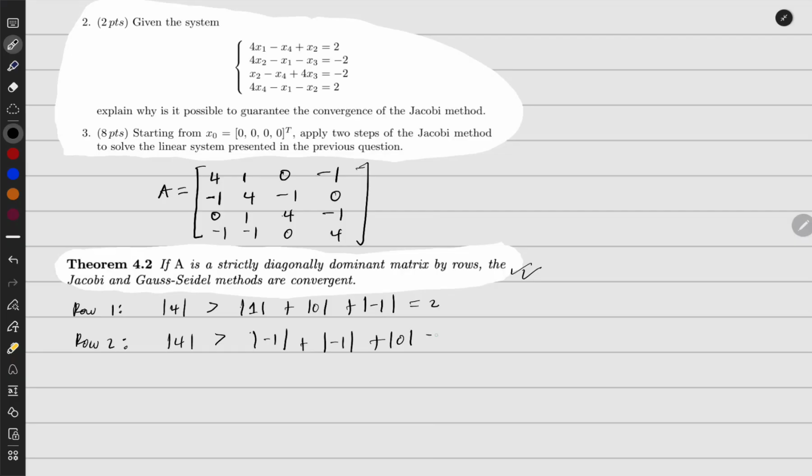Excluding the diagonal element, it works for row 2. Does it work for row 3? The diagonal element is still greater. Does it work for row 4? The diagonal element is still greater.